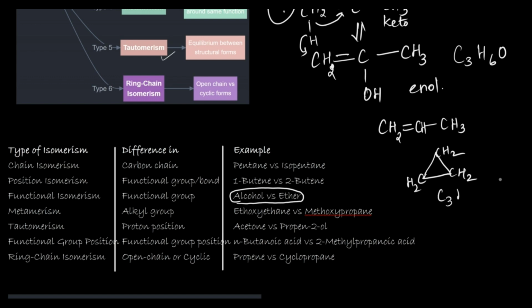How many carbons? 3 carbons. How many hydrogens? 6 hydrogens. So C3H6, same molecular formula. This is ring and this is chain.